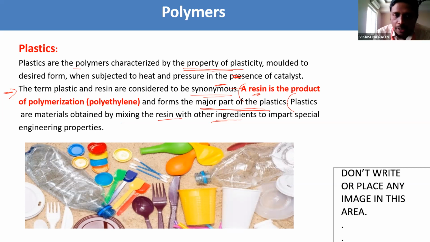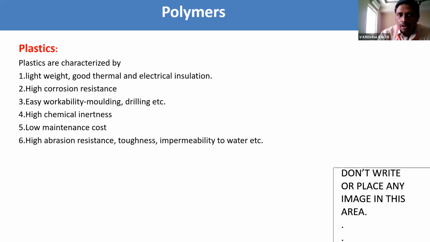Plastics are obtained by mixing the resin with other ingredients to give special properties to the plastics. This is about the plastics.